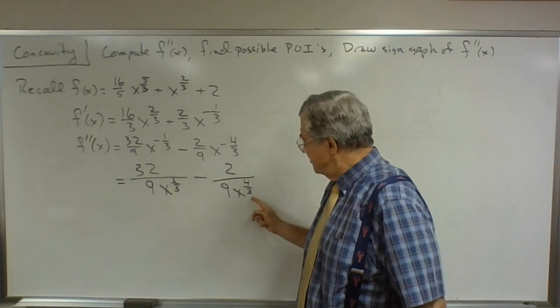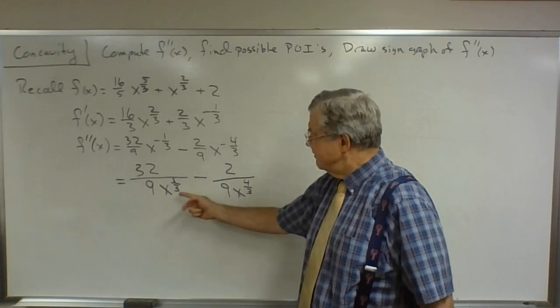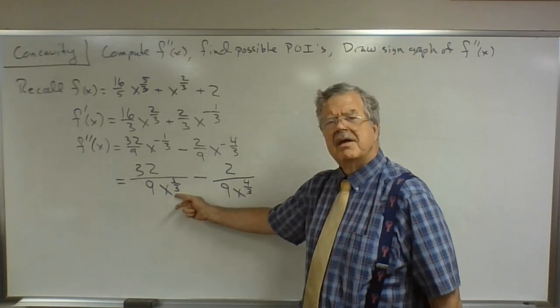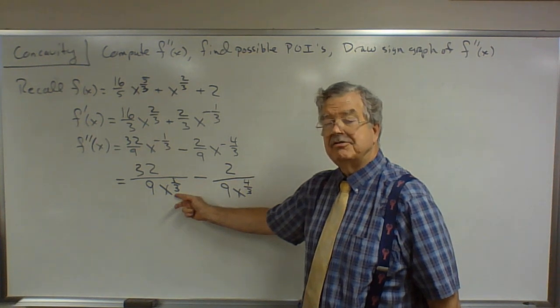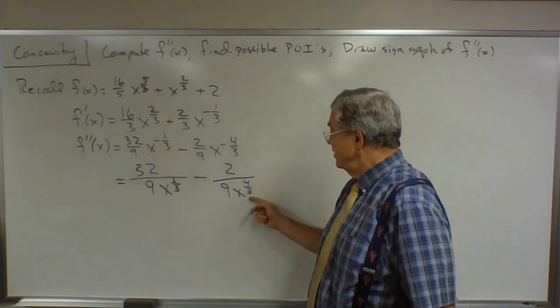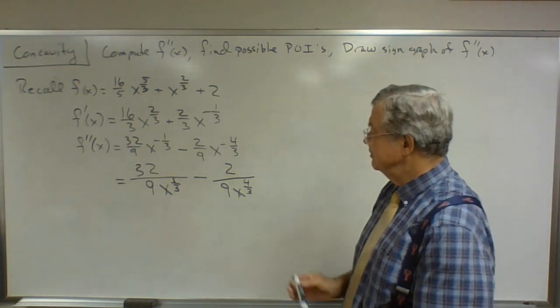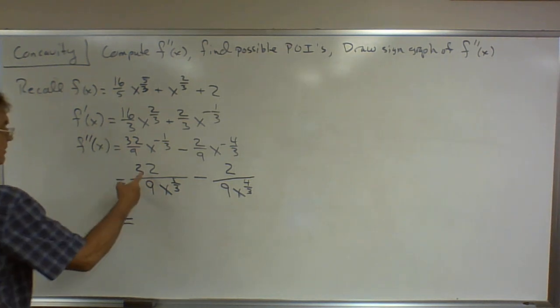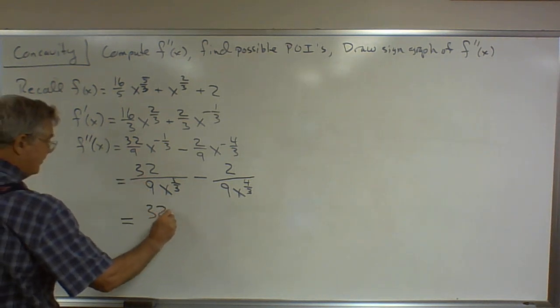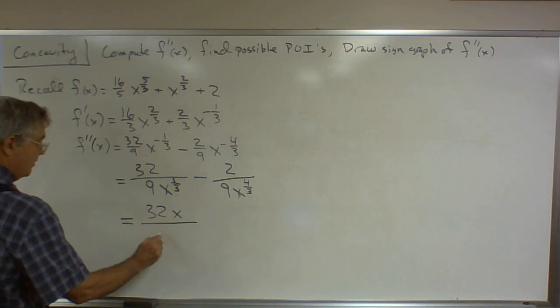How do we get this from this? If we multiply x to the 1/3 by x, which is the same as x to the 3/3, we get x to the 4/3. So I'm going to multiply top and bottom here by x.